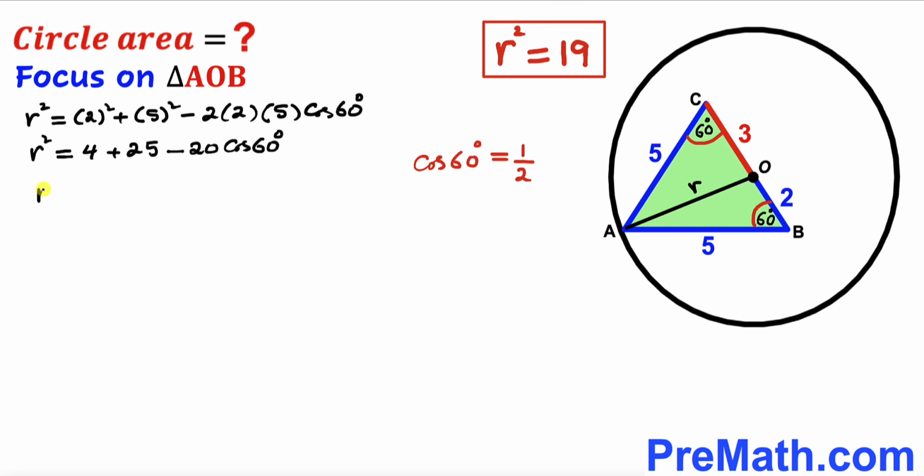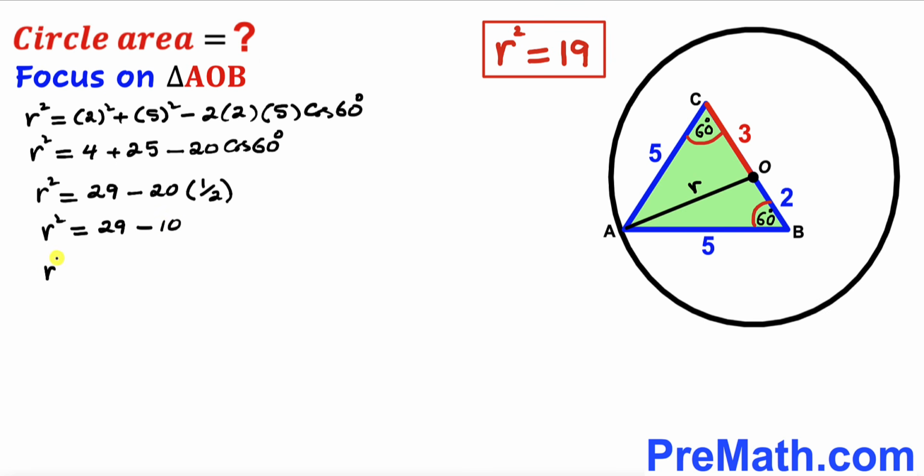So r squared equals 29 minus 20 times 1 divided by 2, which is 29 minus 10. So r squared is equal to 19 once again. Thus for both triangles AOB and AOC, our r squared value turns out to be 19.